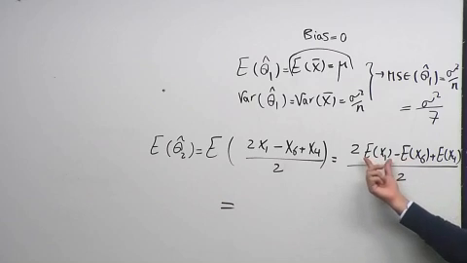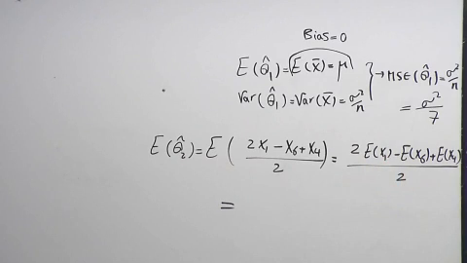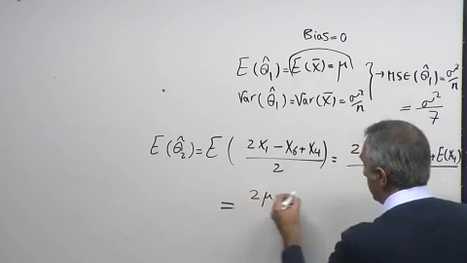So what is the expected value of x1? You remember, X1 is a random sample, and the definition of a random sample is IID. So they have the same distribution. So x1, x2, x3, all of them have the same distribution, and their expected value is mu. So this would be 2 mu.